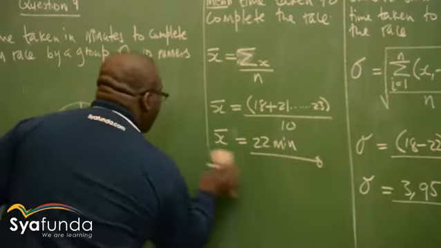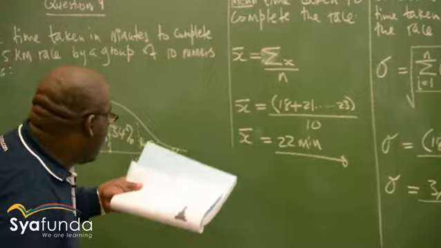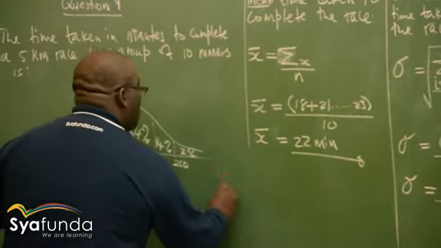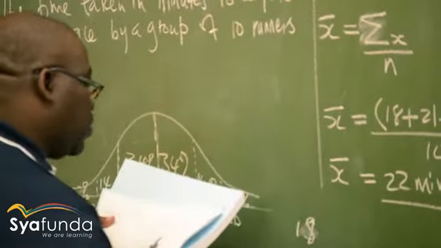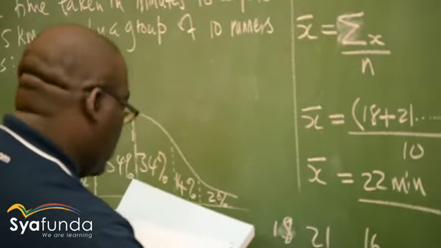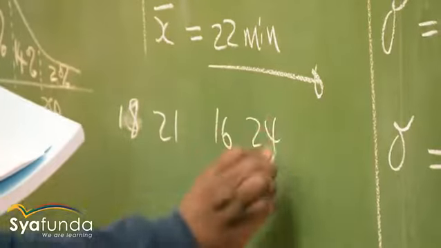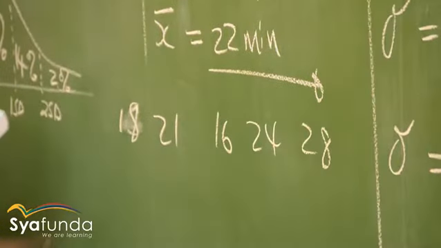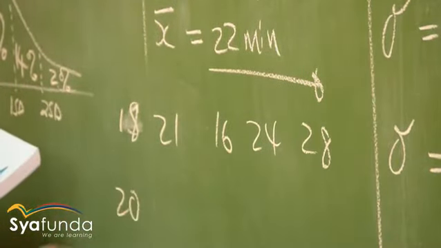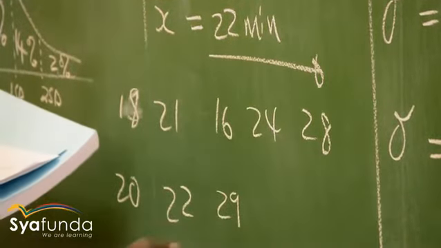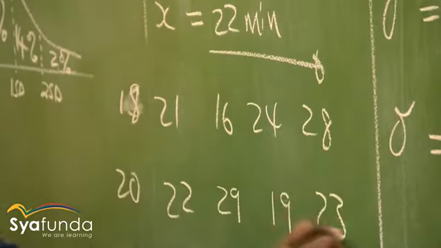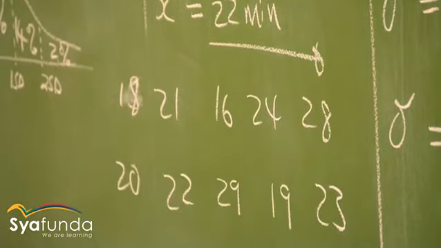The times were 18, 21, 16, 24, 28, 20, 22, 29, 19, and 23. These are the times that were made by these runners.